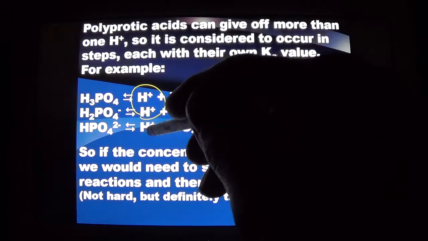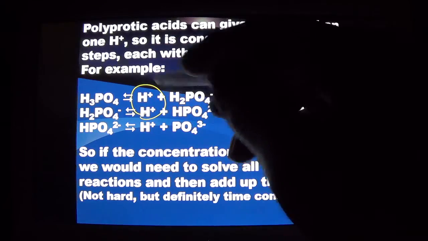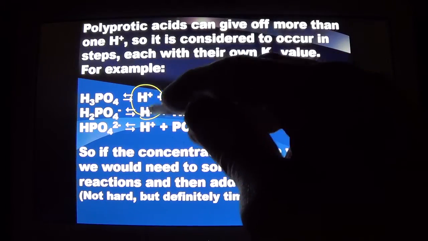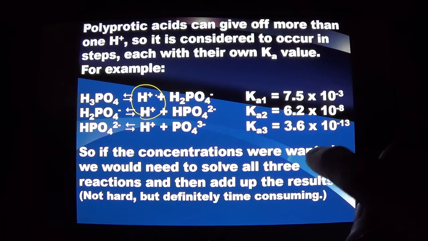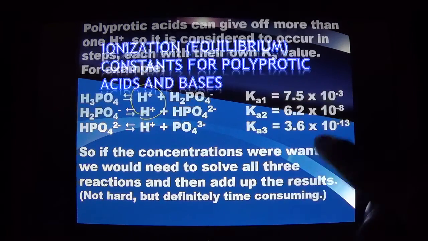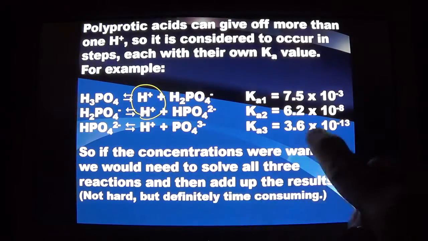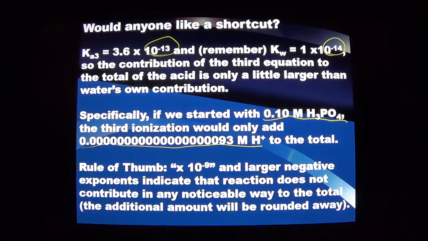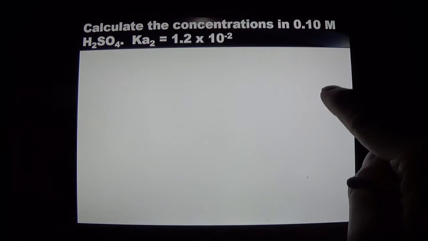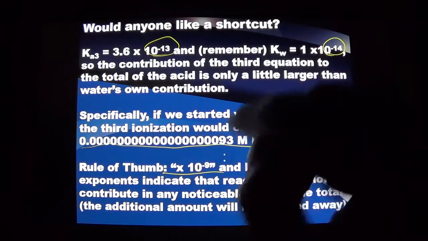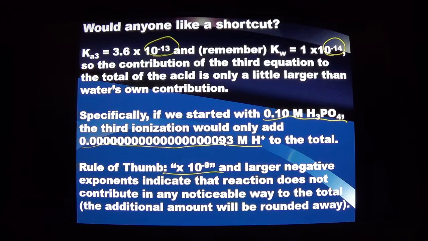So it's a shortcut. That cuts us down from 3 rice tables and 3 solving for x's to just 2 rice tables and 2 solving for x's. I know that's still 2, but it's better than 3. A good rule of thumb that I propose for you to consider is 10 to the minus 9.